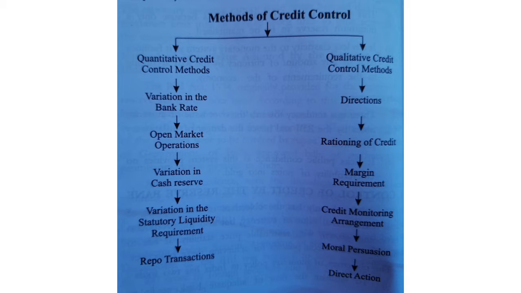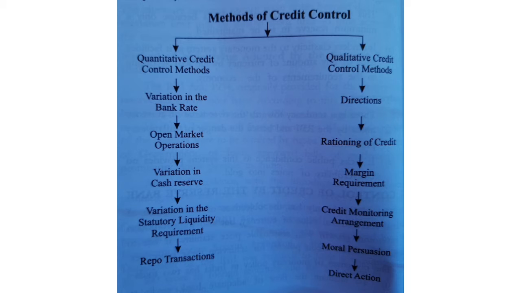Number 2, rationing of credit. The rationing of credit first started in the 1960s. The RBI shows differential treatment in extending financial assistance to its member banks according to the purpose for which the credit is used. So, the RBI frames different eligibility rules for various kinds of paper and offers differential rates of discount.